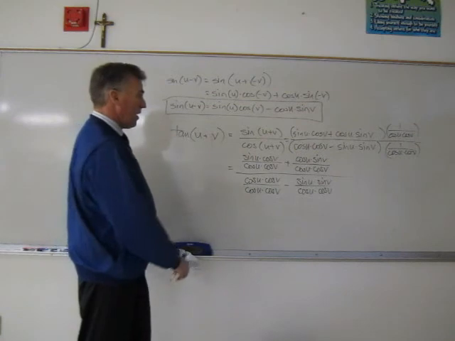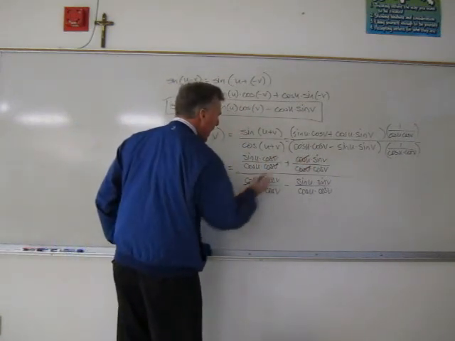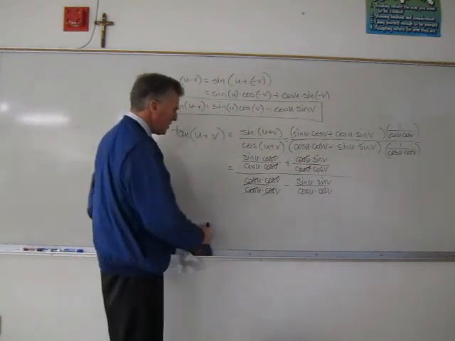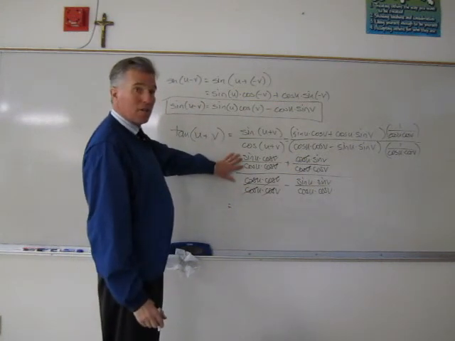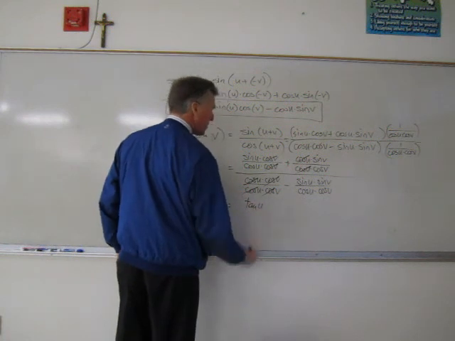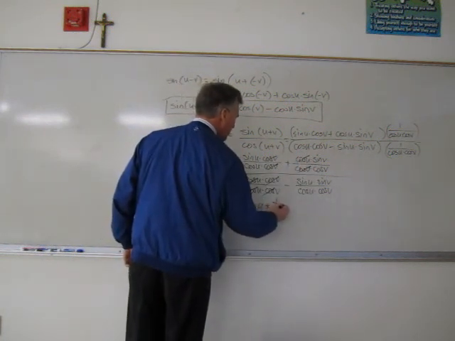Let's see. Hiya, hiya! Wow. Well, what's left? Sine u over cosine u, we know from chapter 5, is equivalent to tangent of u. Sine v over cosine v is equivalent to tangent of v.